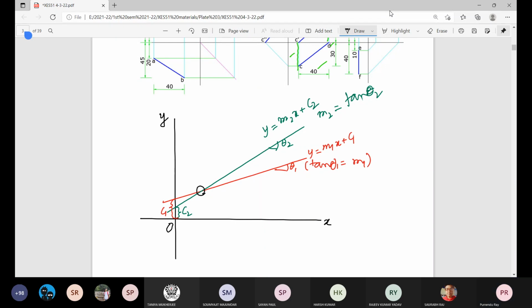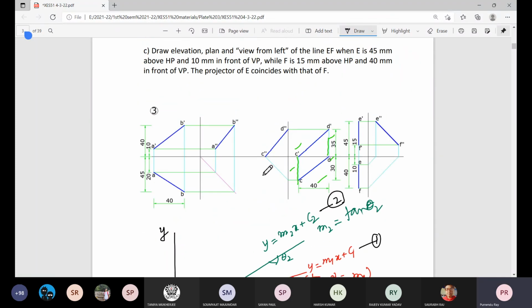We write these two equations. You replace y in terms of x in the other equation. So get the value of y from equation 1 and put it in equation 2. So you will get the relation between x, m1, m2 and c1, c2. That's all. So a similar kind of thing we are working on here also.